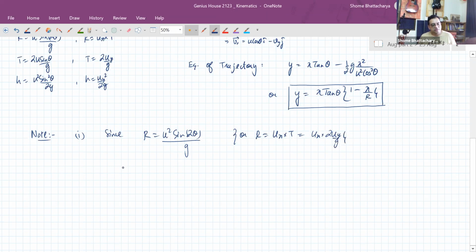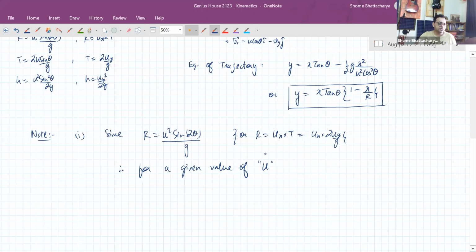So what we understand is that for a given speed of projection, given value of u, say a maximum speed of 20 meters per second or 40 meters per second, that is a limitation, we can throw it only at that much speed. But we can throw it at any angle of choice. We can throw it horizontally at 0 degrees or completely vertically at 90 degrees, or any angle in between.